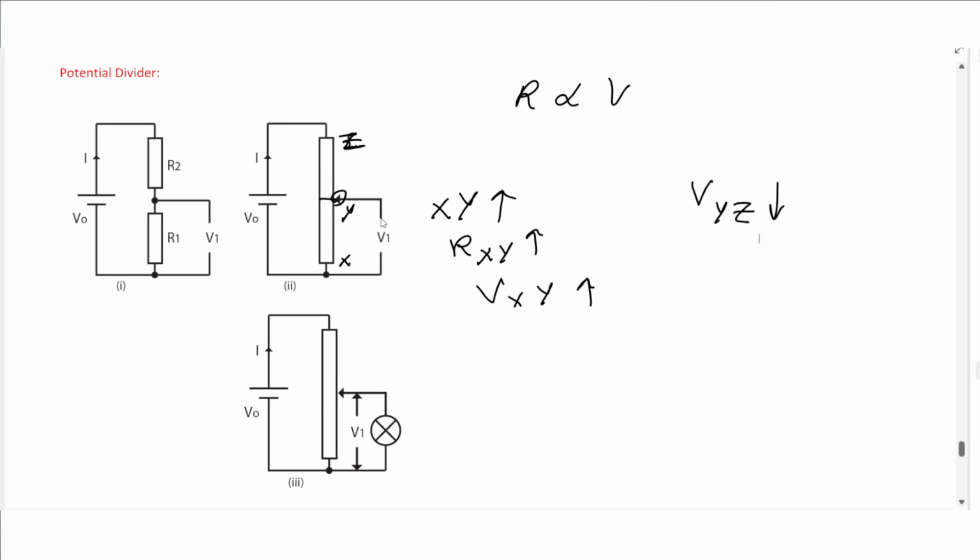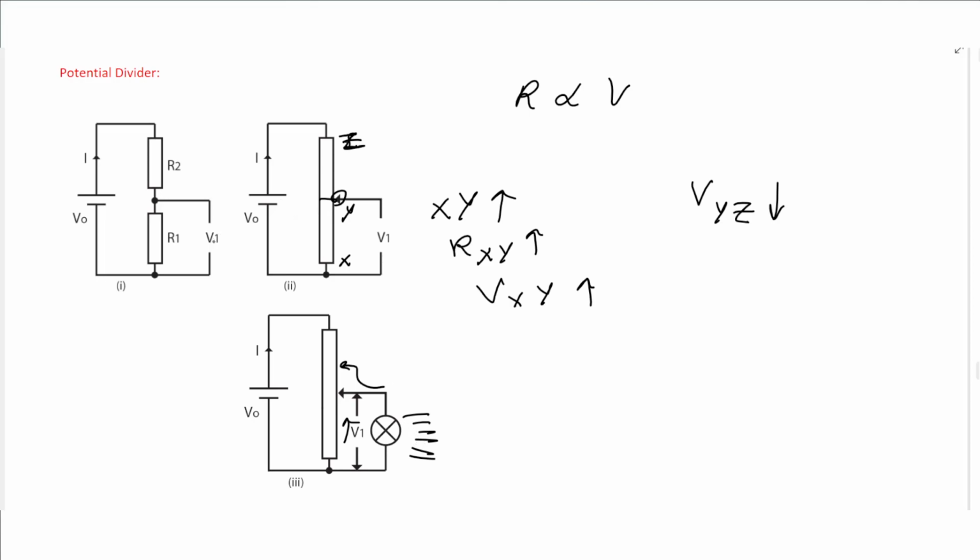Now, if you connect anything in parallel with this section, the voltage will also increase across it if the resistance increases. So if you move the slider upwards, the voltage here increases and the brightness of the lamp increases. The opposite will happen if you connected the lamp on the upper part. The upper part decreases in length, so the voltage on the upper part decreases and the lamp's brightness decreases.